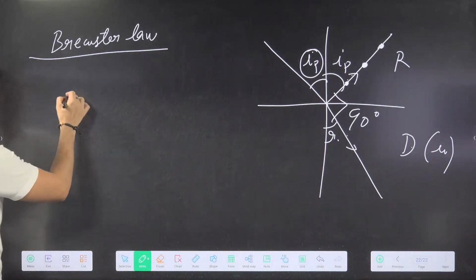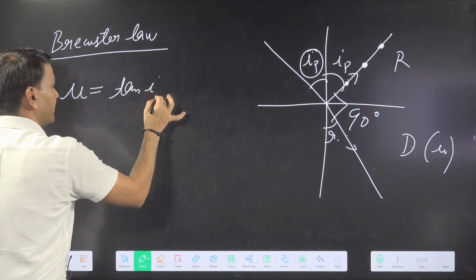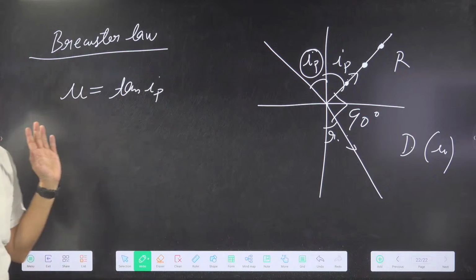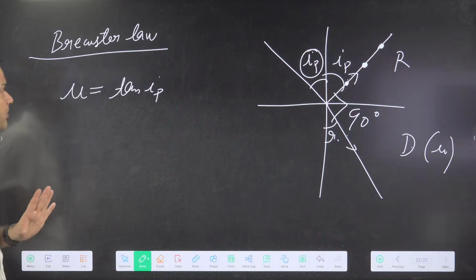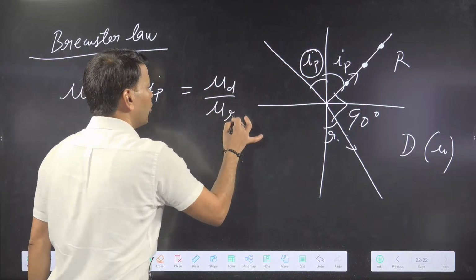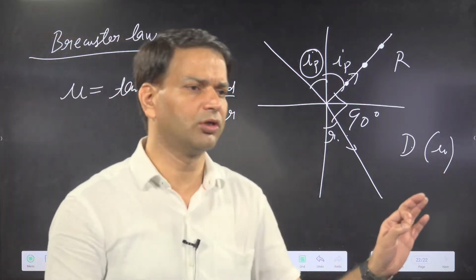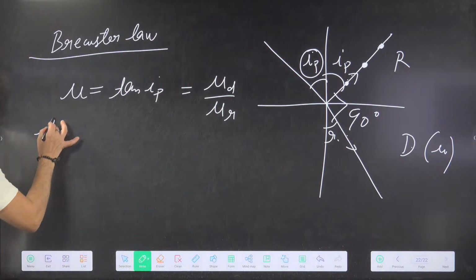And by using this relation, we get mu is equal to tan IP. What is mu? The refractive index of the denser medium with respect to the rarer medium, meaning mu d by mu r. In most cases mu r is taken as 1, so directly we can take mu is equal to tan IP, if the rarer medium is air.